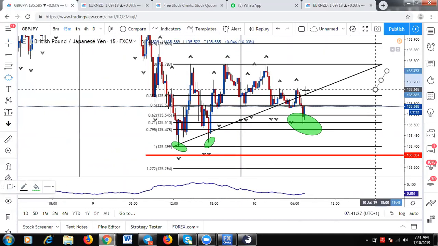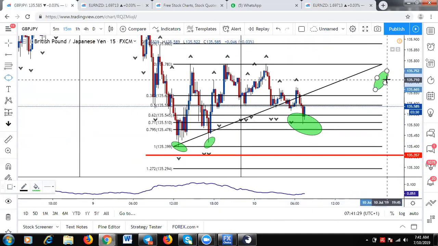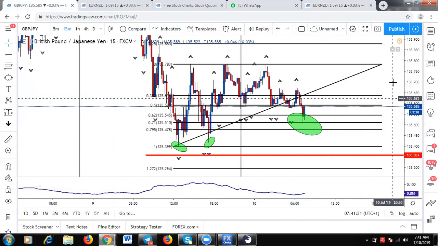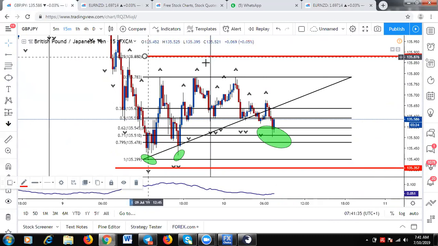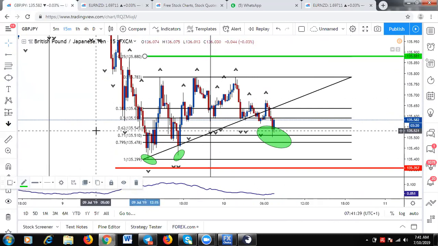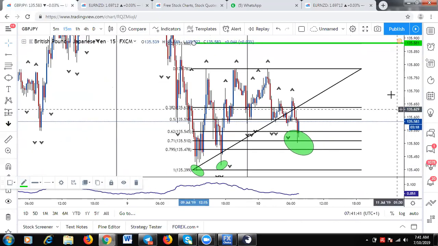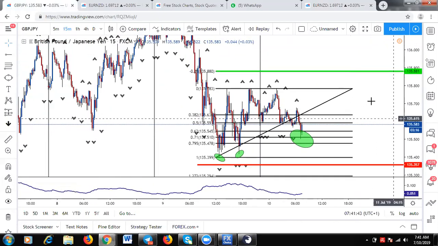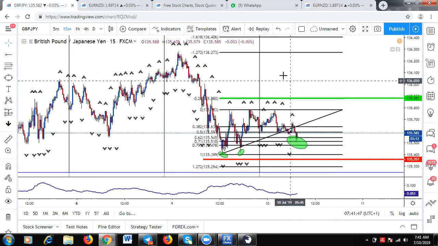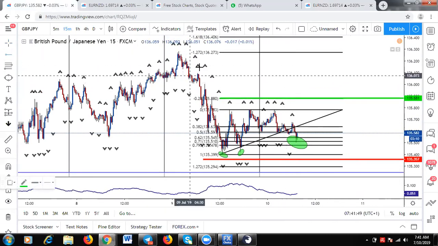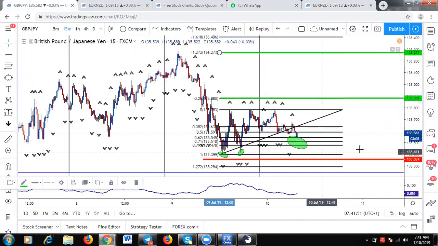Now, when I'm trading this way, my first TP level is going to be my 0.25 extension. That'll be my first target. If I'm trading multiple positions, I'm going to allow one to run up to the 127 level and just trail it.